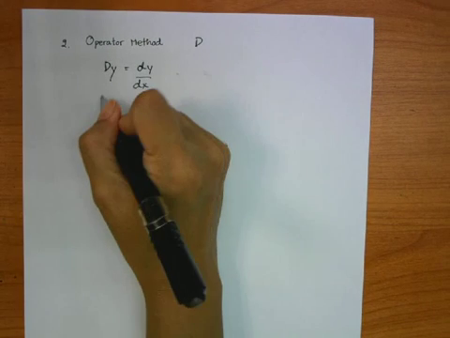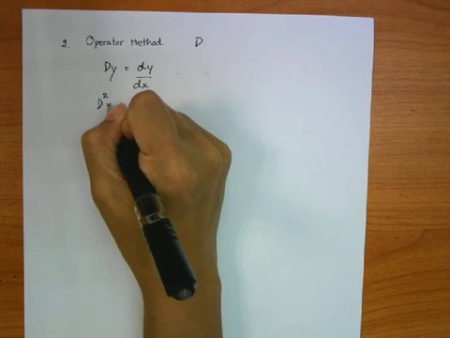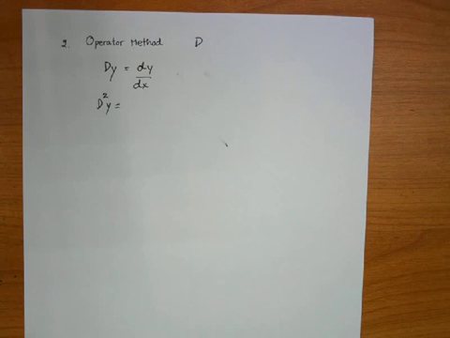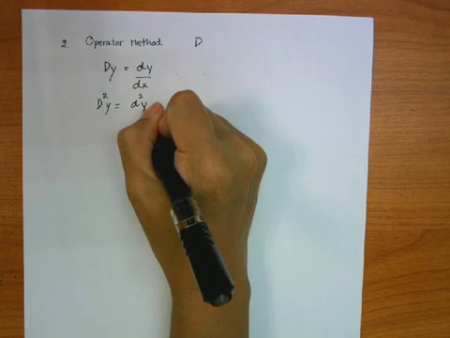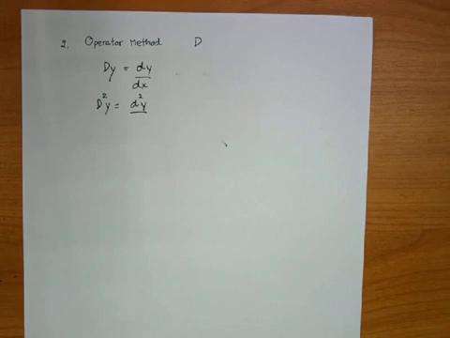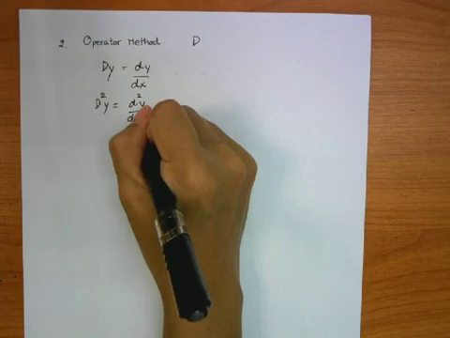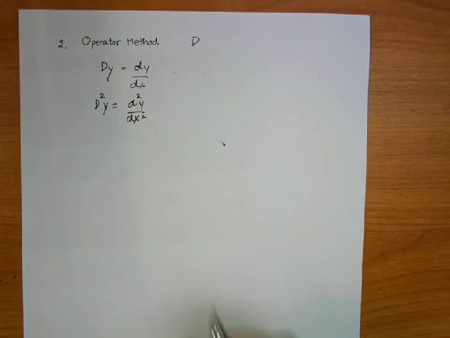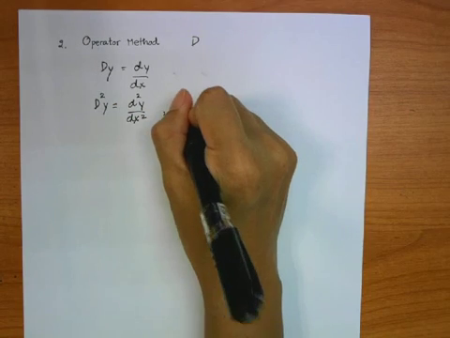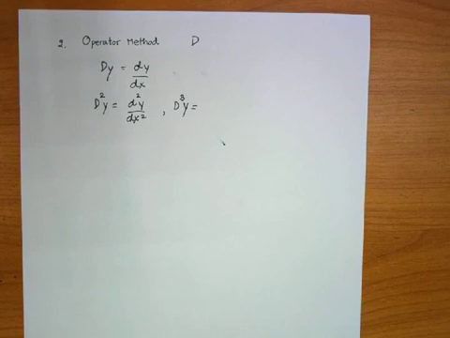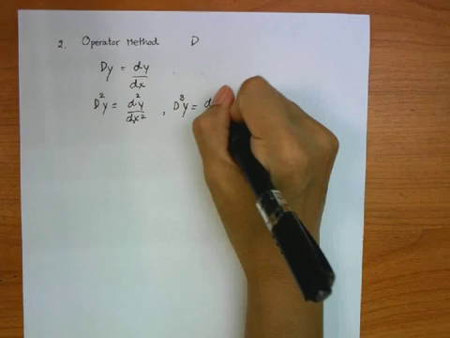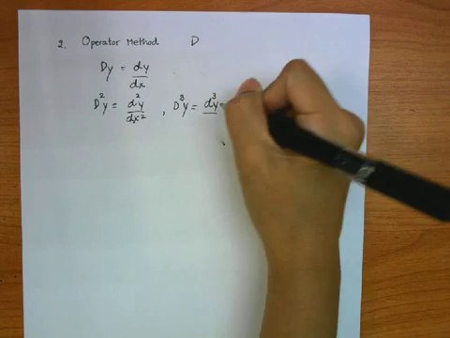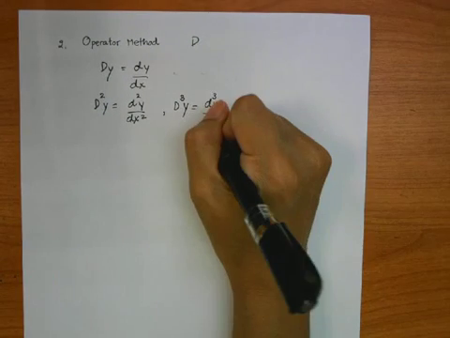So if I write down D squared, what do you think? It means the second derivative of one variable with respect to the other variable. If I write down D to the power 3, it means the third derivative of y by x.